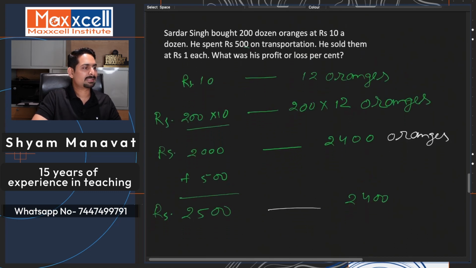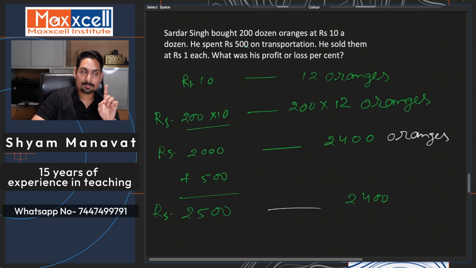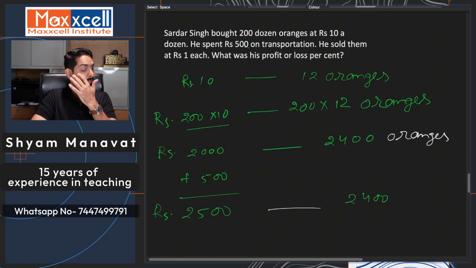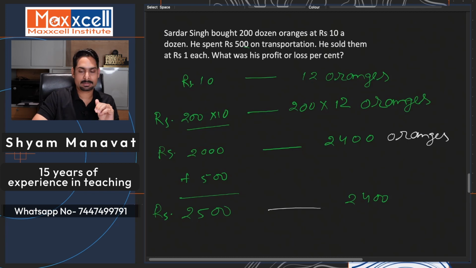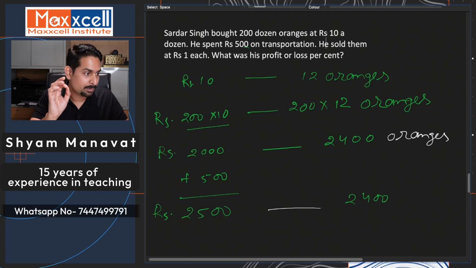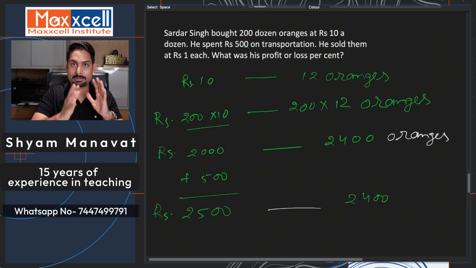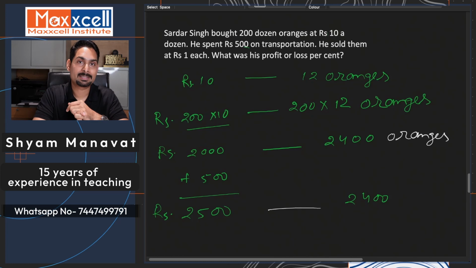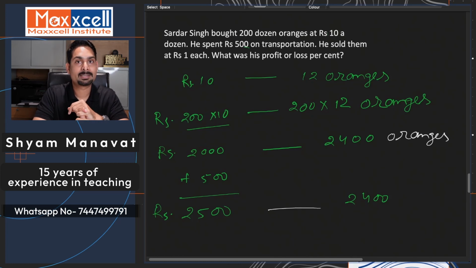Yes. Next, he sold them at 1 rupee each. What is his profit or loss? Now understand this. This statement will help you in upcoming questions. So listen carefully. Whenever you calculate profit or loss percentage, make sure that your quantities are equal.